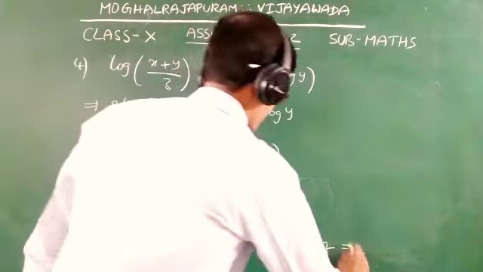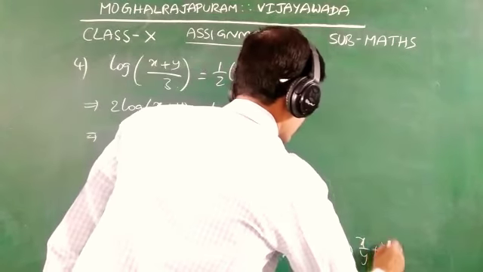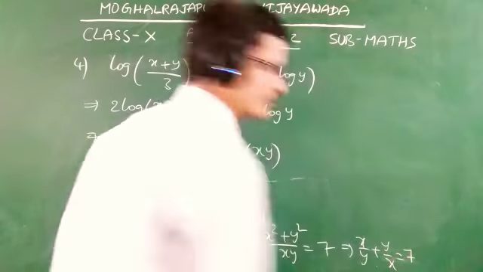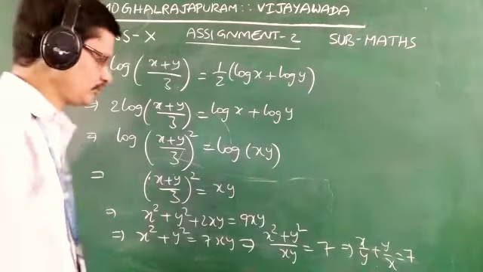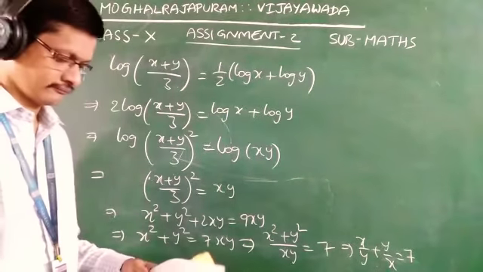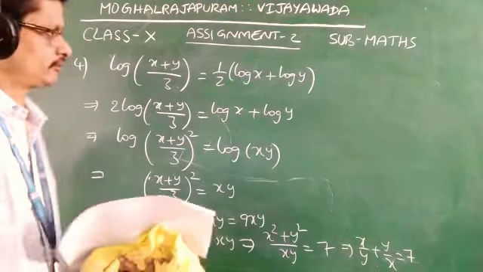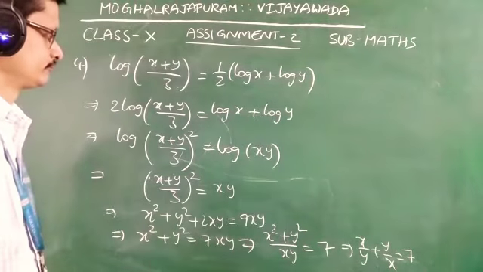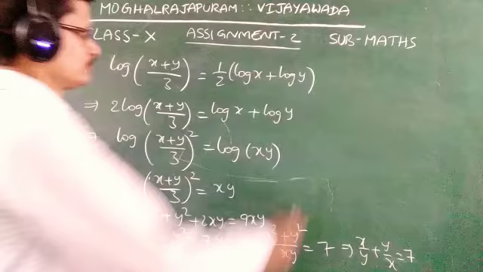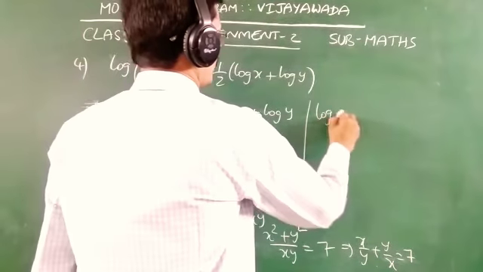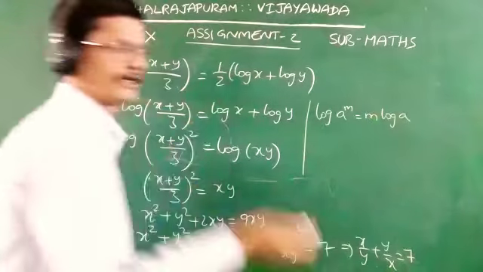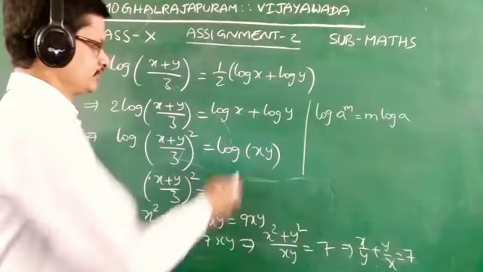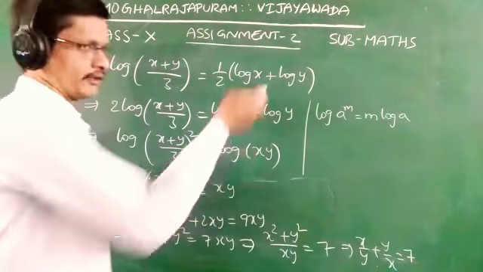This implies x by y plus y by x is equal to 7. So mainly log a power m is equal to m log a, or m log a is equal to log a power m. Similarly, here log xy is log x plus log y.